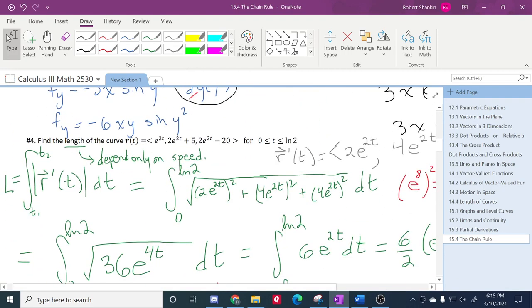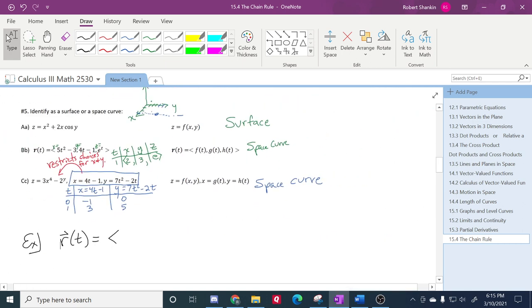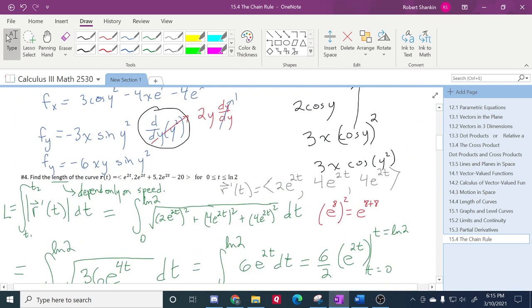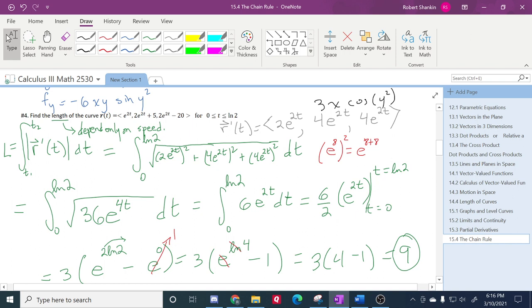All right, let's go back to our example over here. I'm glad you can articulate your questions well. The question was to find the length of this curve, and we got a specific number, which was 9. Now, the speed on this curve at any time turns out to be right here. No, this isn't the speed, this is the velocity.